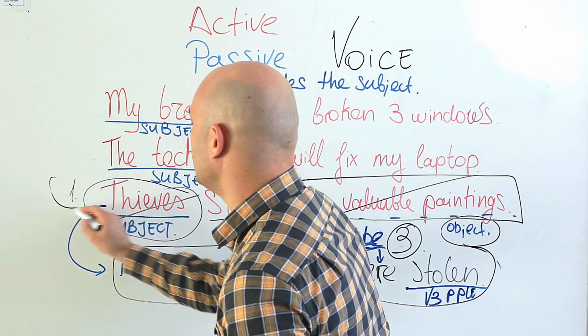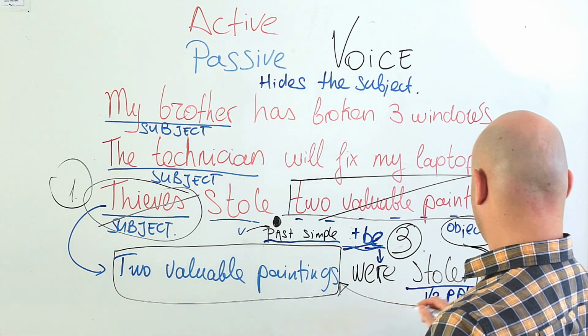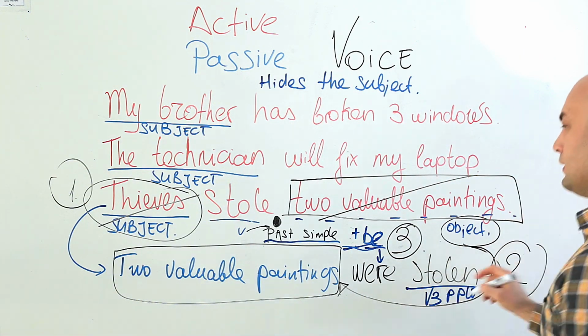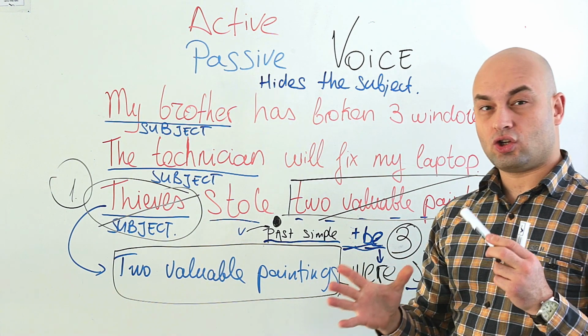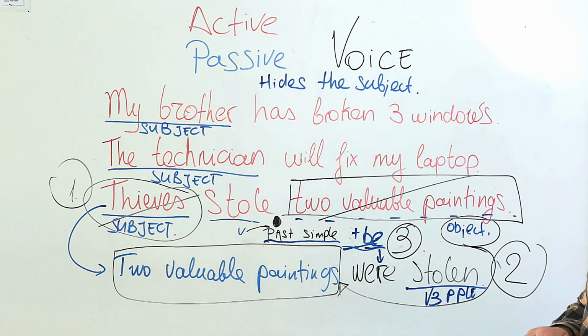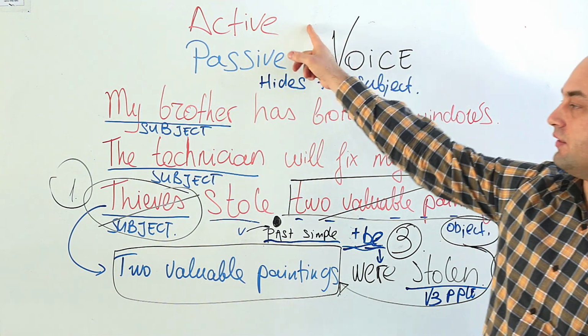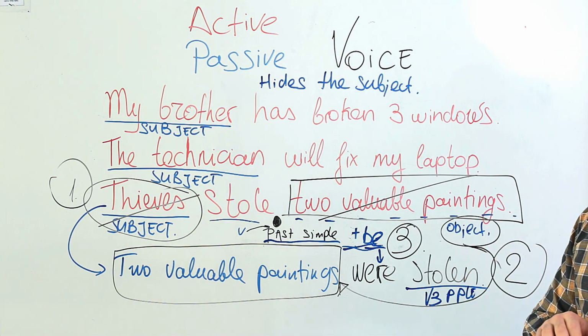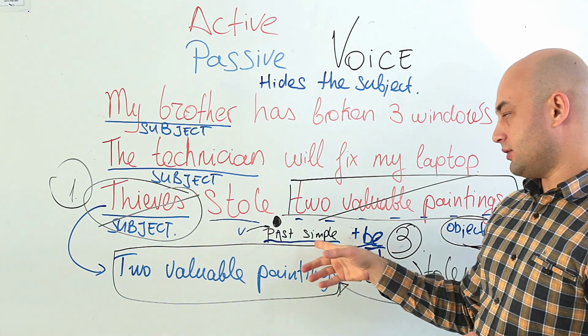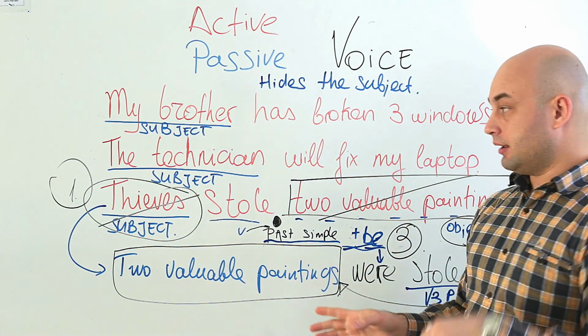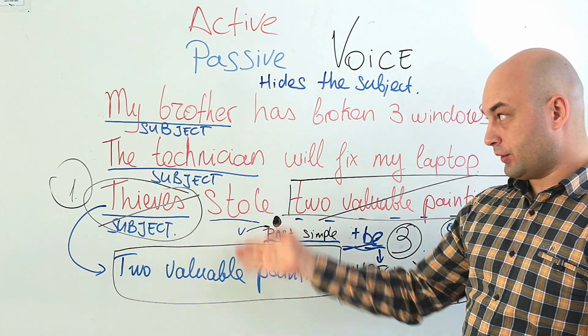Step number 1, step number 2, and step number 3. This is the order in which I at least understand how you transform an active sentence into a passive. So I don't need to tell you about other verb tenses, but I'll make the next example. We'll go from bottom to the top.